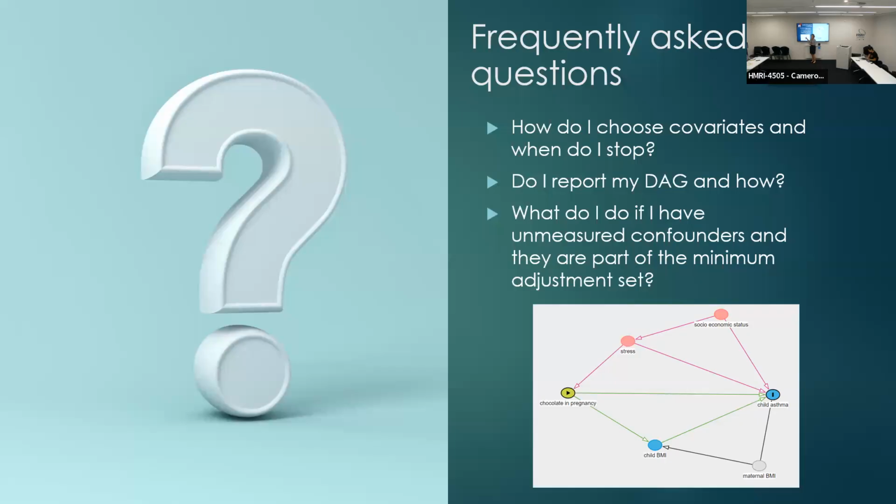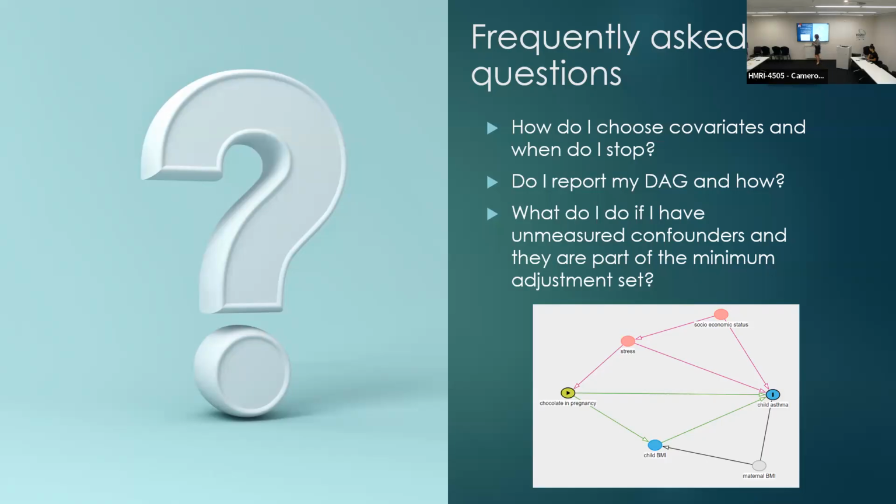One thing I have to keep in mind quite often, because I'm often looking at maternal asthma, is a similar example. One thing I have to think about is genes as an unmeasured confounder, because usually we haven't measured them in an epidemiological study.